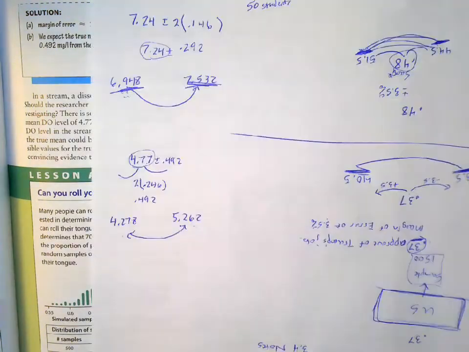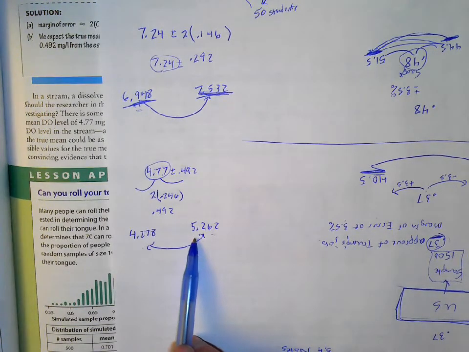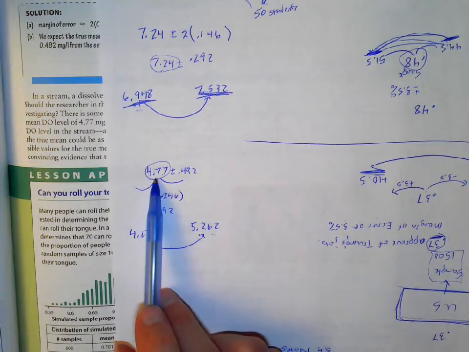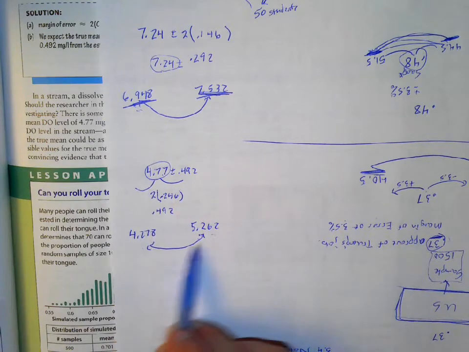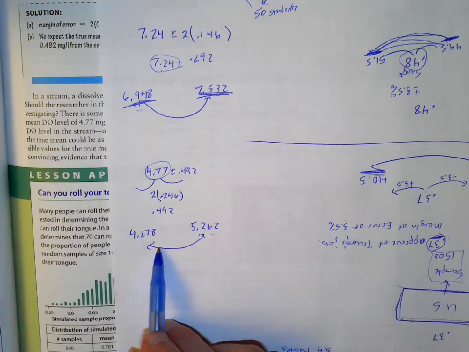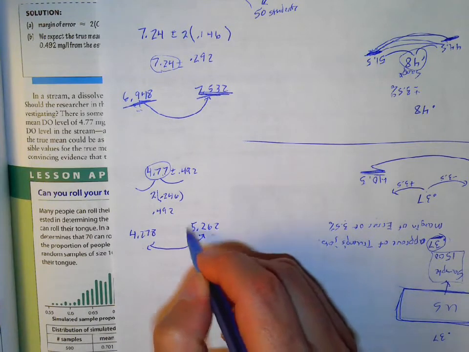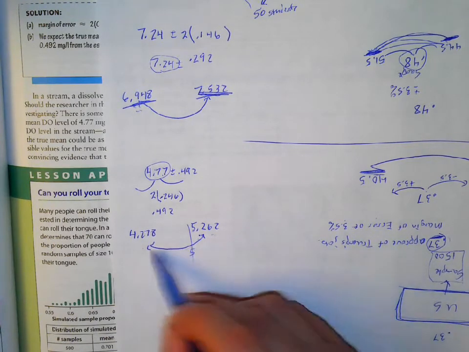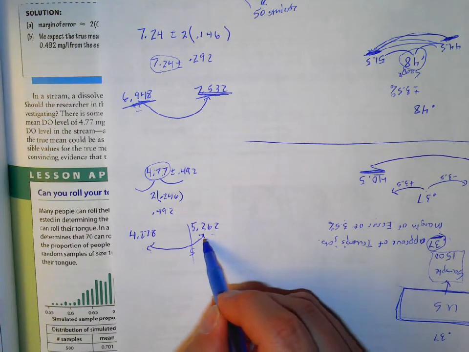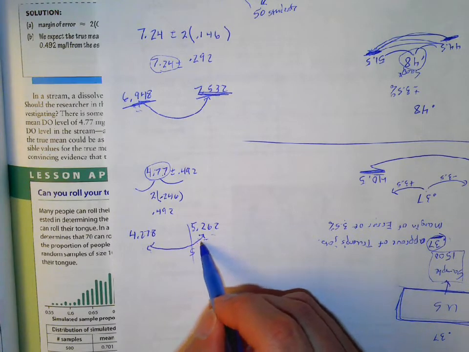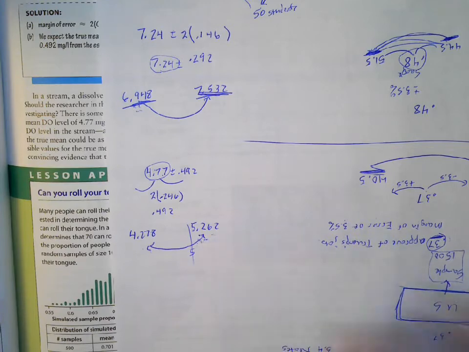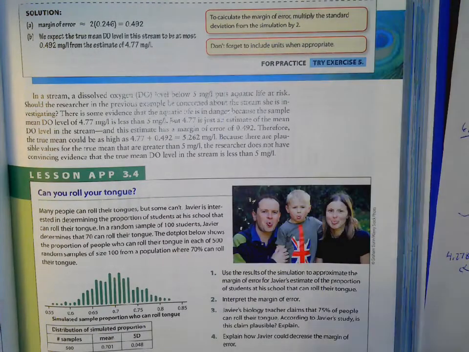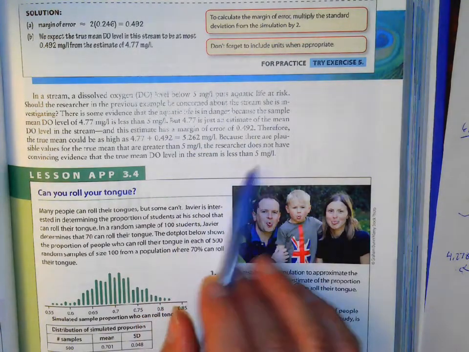So if we have this range, we got a sample that was below 5, but can we guarantee that our whole population, the whole stream, is below 5? Nope, because 5 is part of here, right? It could be 5.2. We're not sure. The whole population could be above there, so that's getting at that idea. So we don't know for sure.